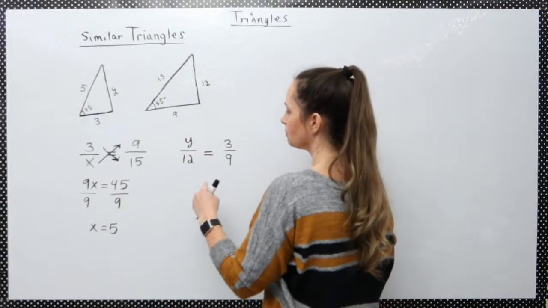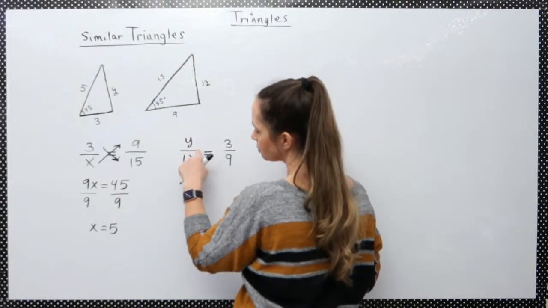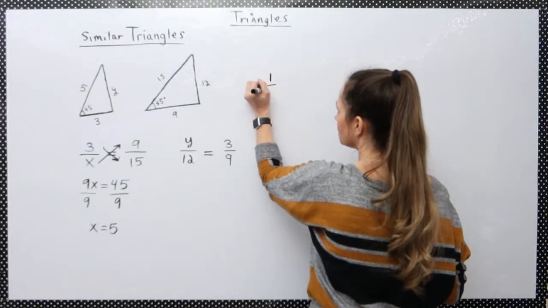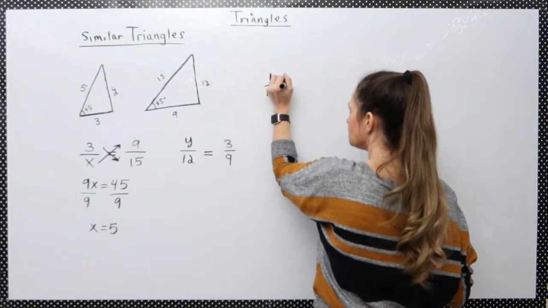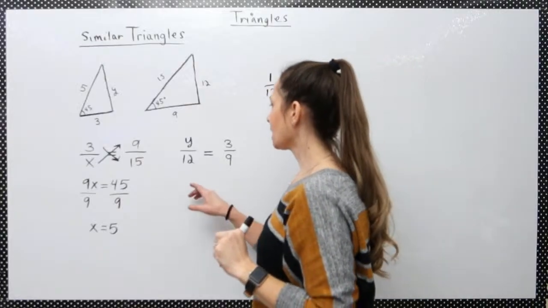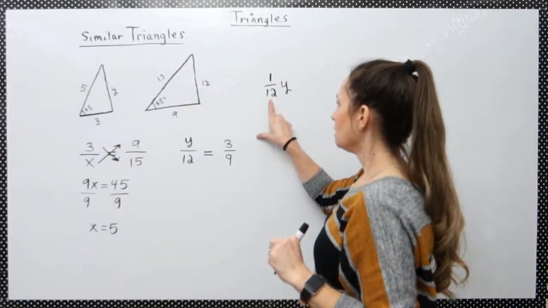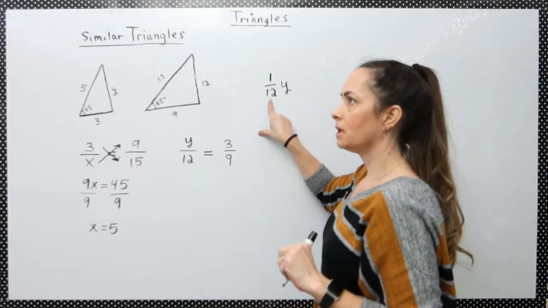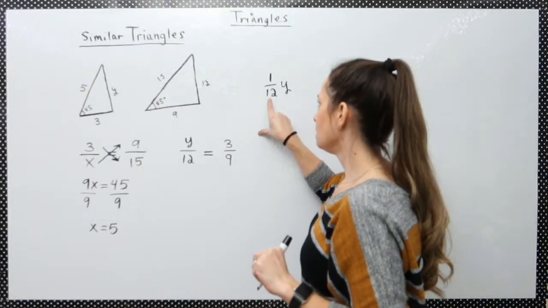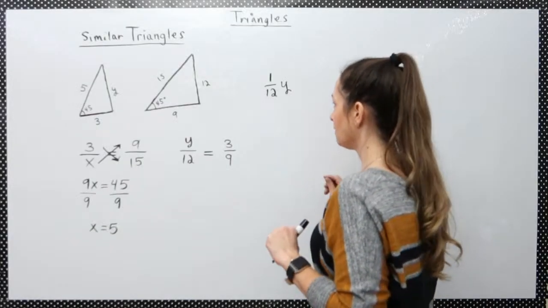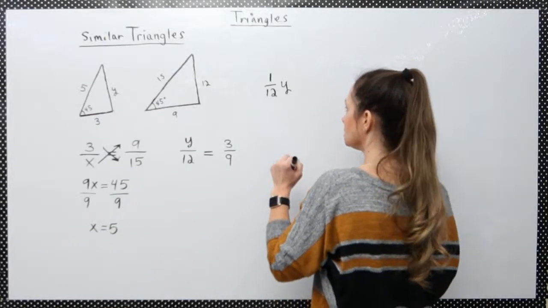And so what this means is y over 12 means 1/12 times y. And so you find the reciprocal whenever you have a fraction. And so you have to remember reciprocals.